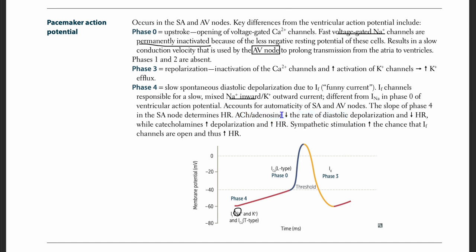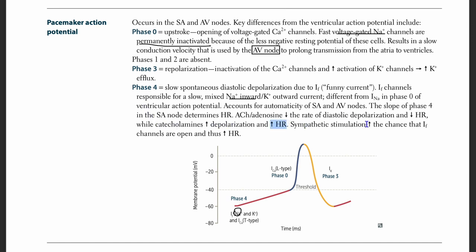So if you have someone with supraventricular tachycardia, meaning a rate above a certain number, I don't know, maybe 140, that's when you can give this. It will decrease the rate of diastolic depolarization and decrease heart rate.